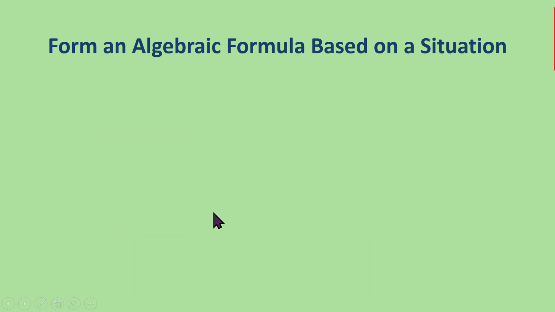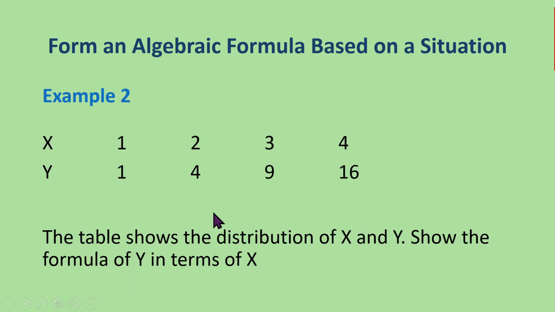Right. Now, another example, you have x equals to 1, 2, 3, 4, y equals to 1, 4, 9, 16. The table shows the distribution of x and y, show the formula of y in terms of x.